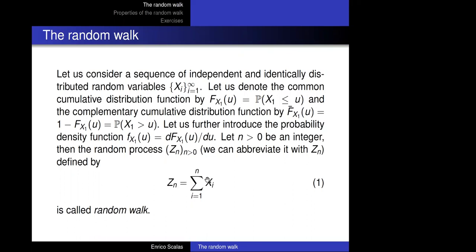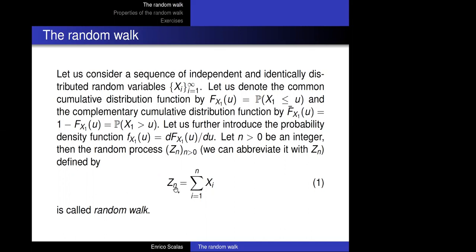Here you have a sequence of random variables. If you fix the event, so you know which value the random variables are assuming, then this will be a function of n.